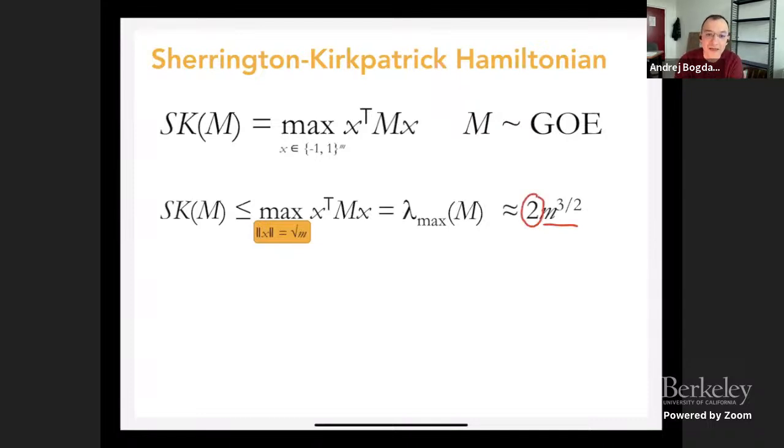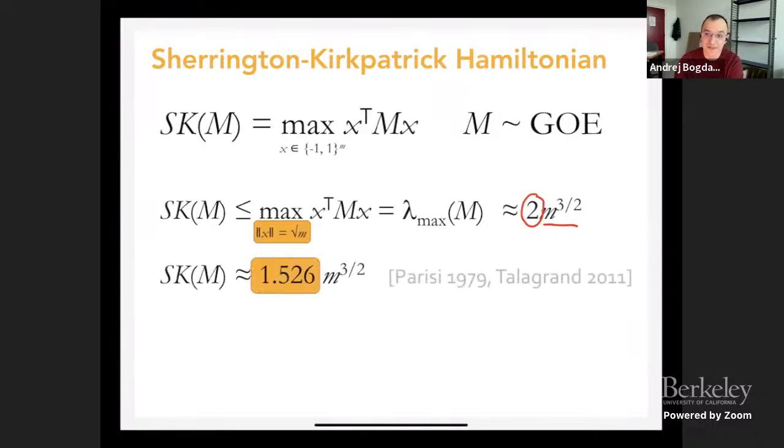And the reason it's interesting is because it turns out that this 2 is an overestimate. It's not the right answer for Sherrington-Kirkpatrick. And this is a famous constant called Parisi's constant. What Parisi conjectured and then Talagrand later proved is that the actual value is something strictly smaller than 2, 1.526.